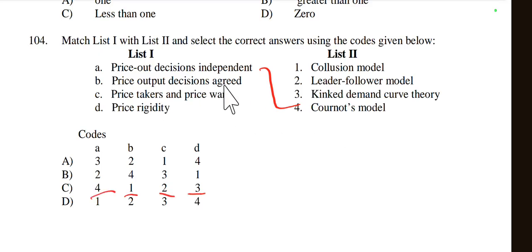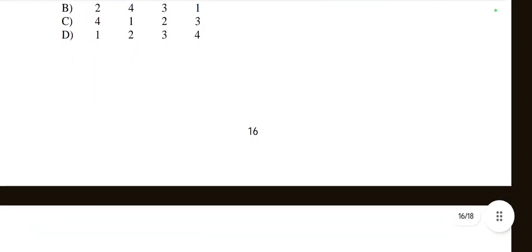Then price output decision agreed in collusion model. They agree on price and output decision. Then price takers and price war in the leader follower model. Leader is the price maker, and followers are the price takers, and price war arises in leader follower model. Then price rigidity arises in the kinked demand curve of oligopoly. So option number C is right here.